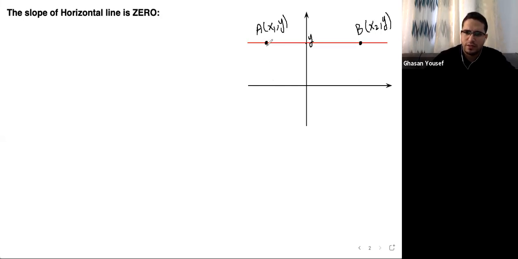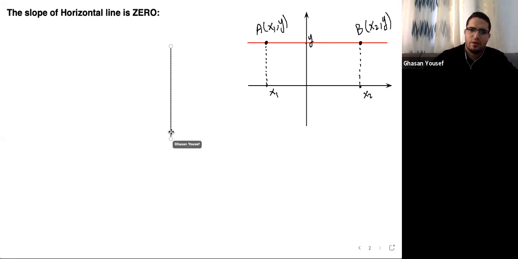This is my x1 here, and this is my x2. Both of the points have the same y coordinate, but the difference is the x coordinate.